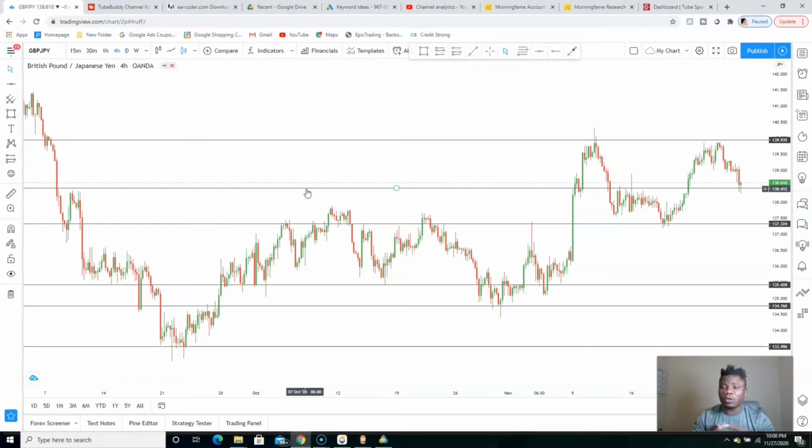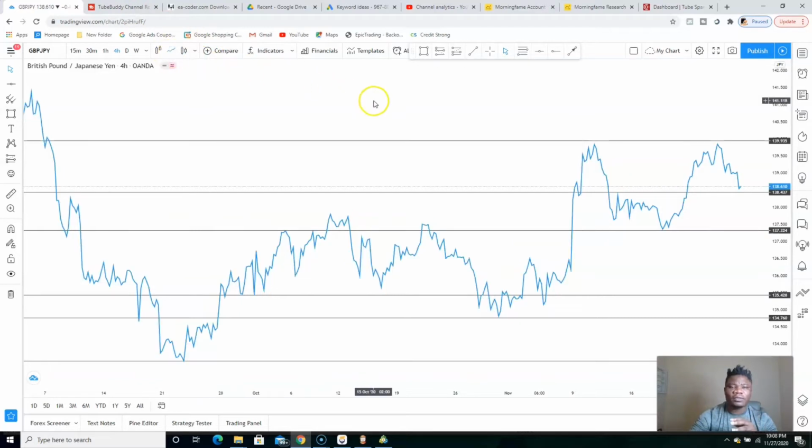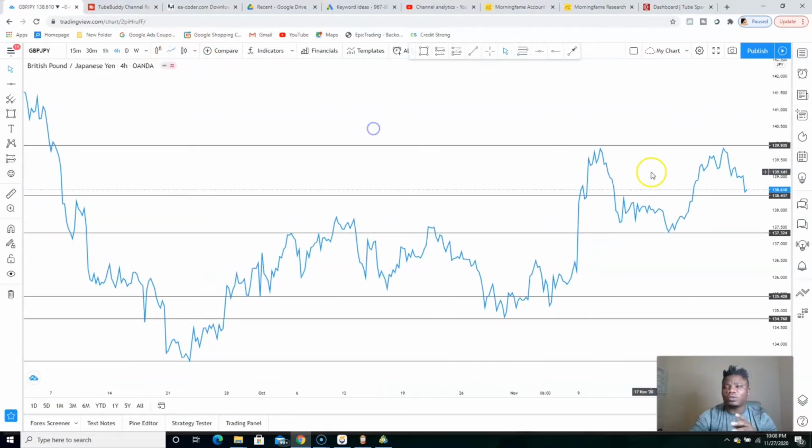Now if I want to add my trend lines for more confirmation, you can either do it like this right now, or if you don't know what to do, you switch back to your line chart. What you're doing is simply connecting the edges together. That's all you're doing, and you only need 2 to 3 touches.